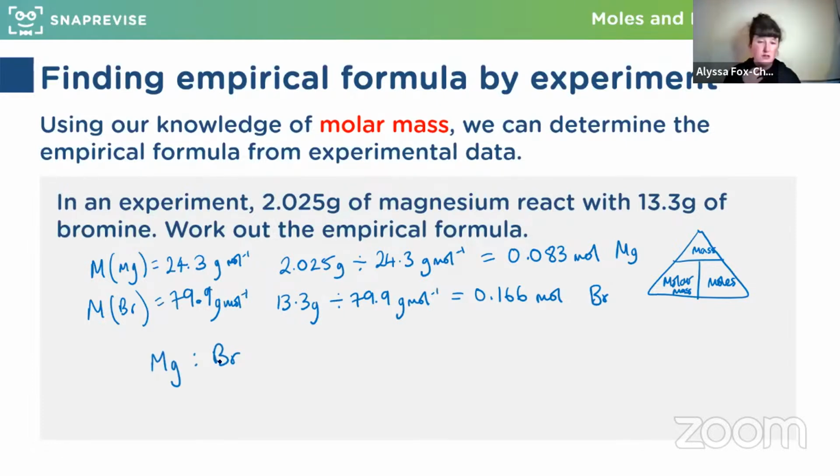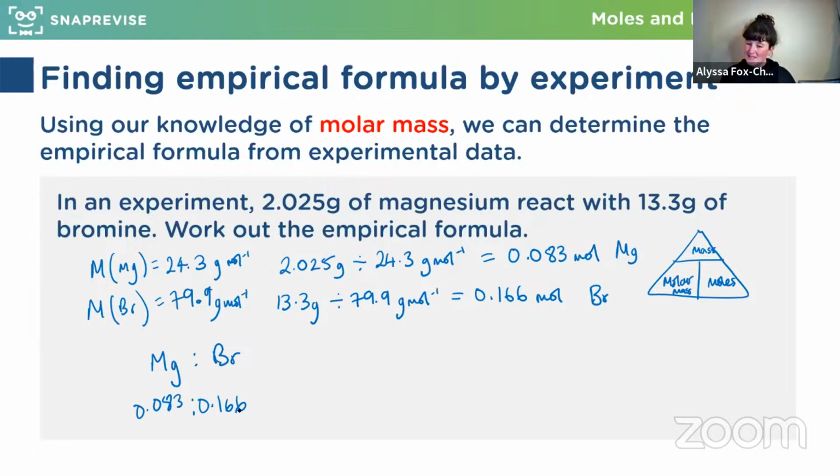Of course, we can't use the masses as a ratio because the mass of each atom is different, so it doesn't tell me how many atoms of each are in ratio to one another. So I need to use moles to determine my molar ratios. So that would be 0.083 to 0.166.